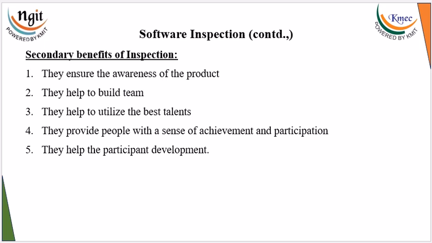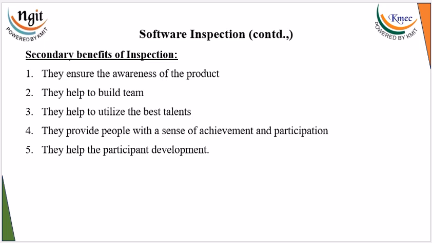Next, other than the basic objectives, software inspection is also going to provide you some secondary benefits. So these secondary benefits are listed here. It basically helps you in understanding that the associated workers are already technically aware of the given process. They also help you in building an effective technical team. At the same time, they help you to utilize the best talents that are available in your organization.